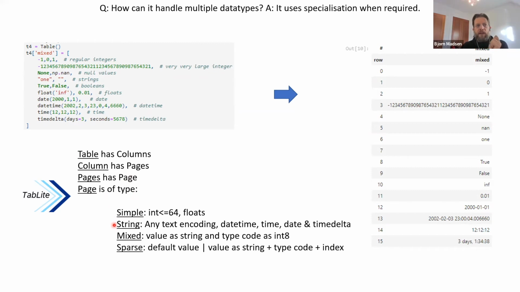Similarly, when we're working with strings, we just do the text encoding, and we do the same for datetimes, dates, times, and timedeltas. So when you see this stuff saved in Tablite, it's actually sitting in there in UTF-8 encoding. We have the mixed page type, and that is the value itself as a string, because then what we put in, we're certain we get the same thing out, and there's a one-to-one relationship.